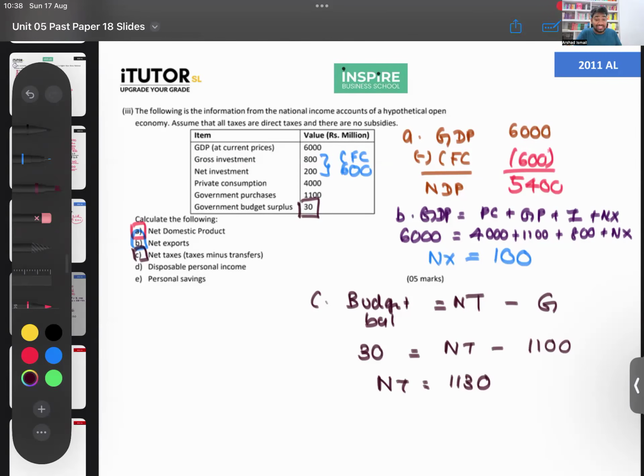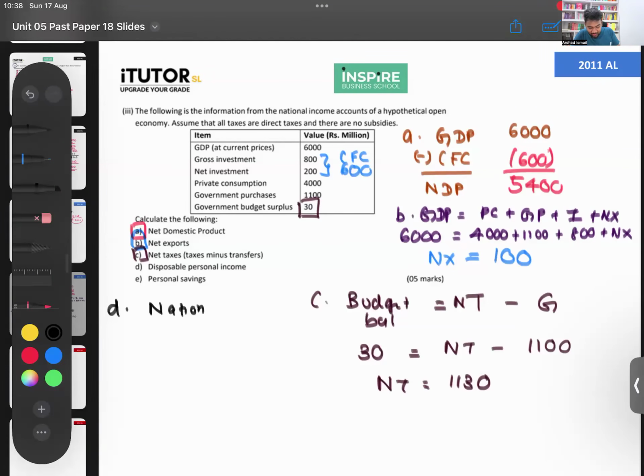Then you have part D, disposable personal income. Okay. So how do you go to disposable personal income? Now, remember, from national income, you have to calculate personal income. From that, you have to go to disposable personal income, right? So part D. Now, how much is my national income?